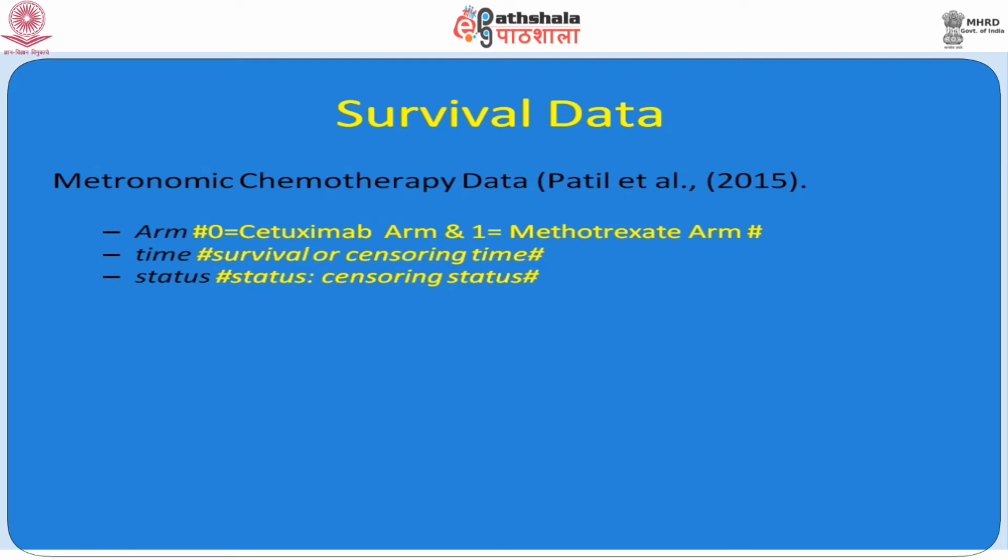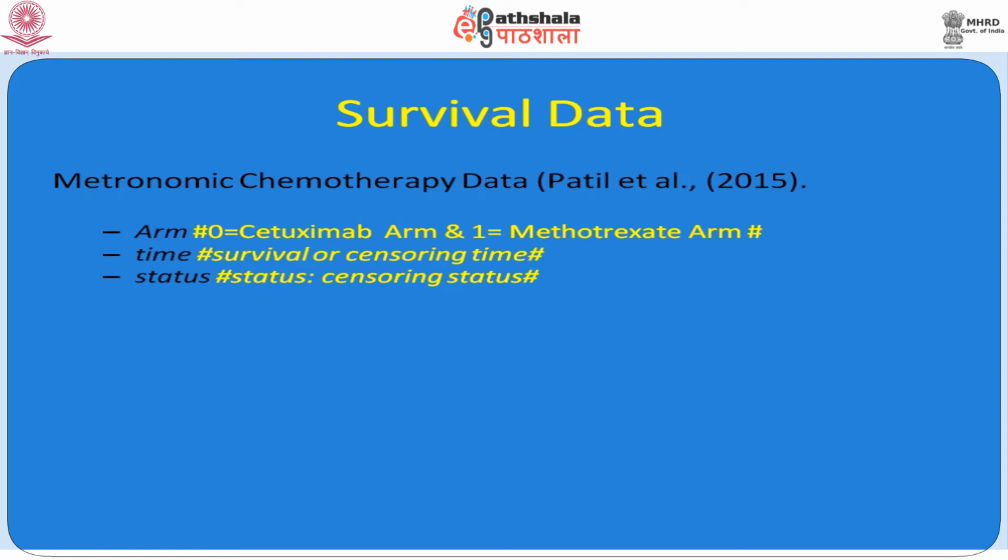If those patients were censored, they are denoted as 1, otherwise as 0. It should be kept in mind that when we are dealing with survival analysis, sometimes we consider a variable called death or delta, where we consider the status of the patient as 0 if alive and 1 if died.